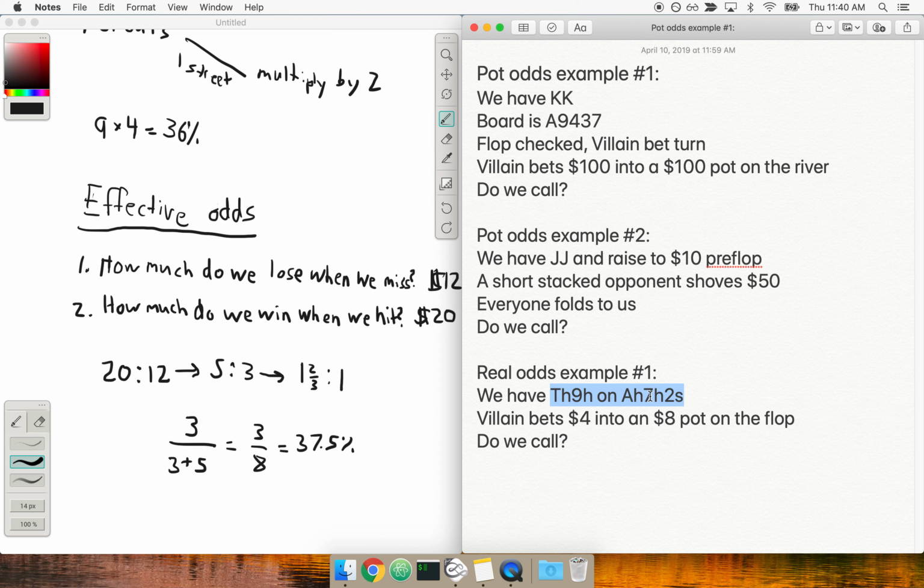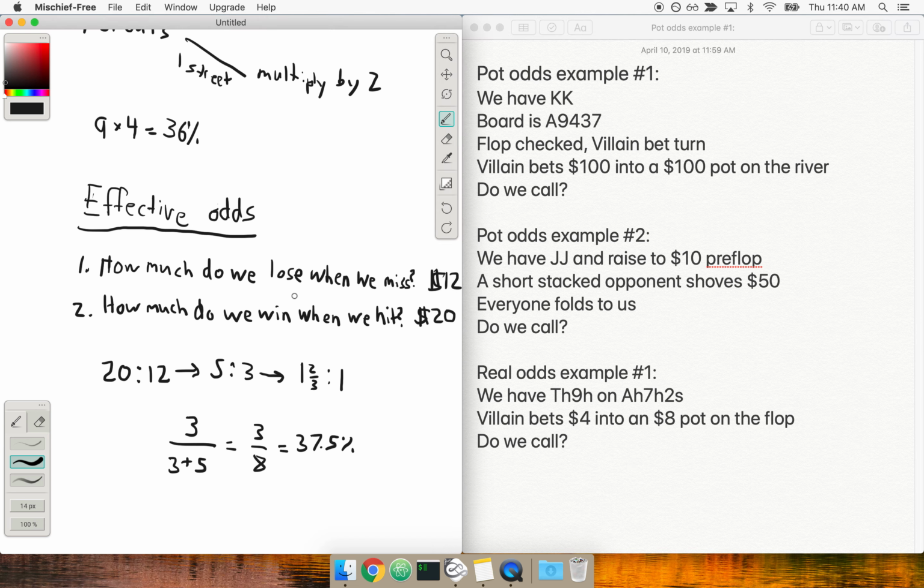But when you're in a spot like this on the flop, in a very dynamic kind of situation, pot odds are only going to be an approximation. You really can't just use pot odds and assume that it's going to be right. And I think we saw that here, how the 25% went up to 37.5%.